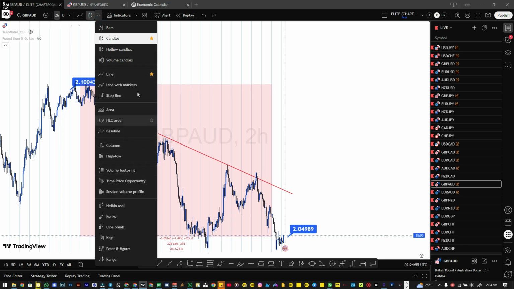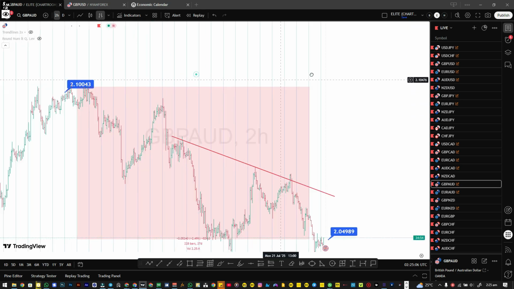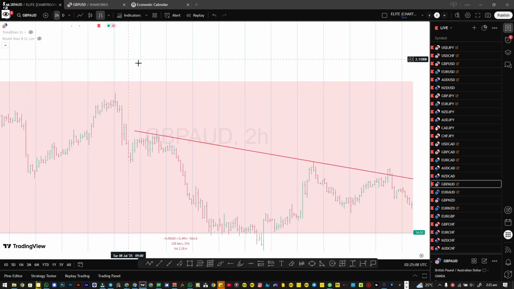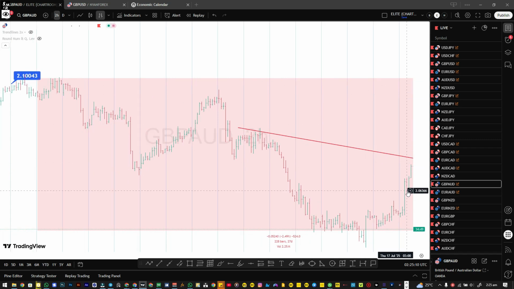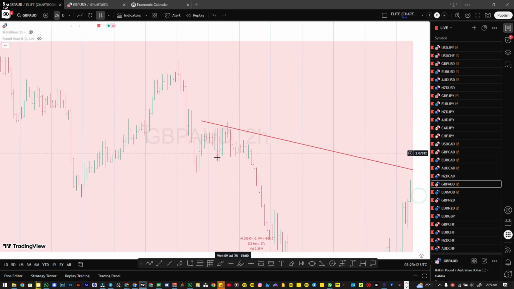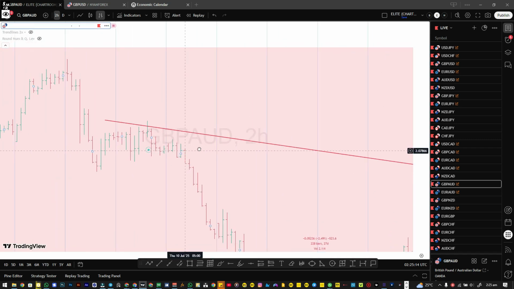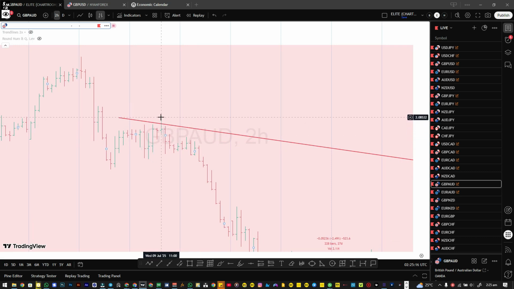This is where the types of candles are, right? So this is the bar. This is how the bar looks like. Right, it's one of the weird candles out there. So this is how it looks like. It also has the wick here, right?